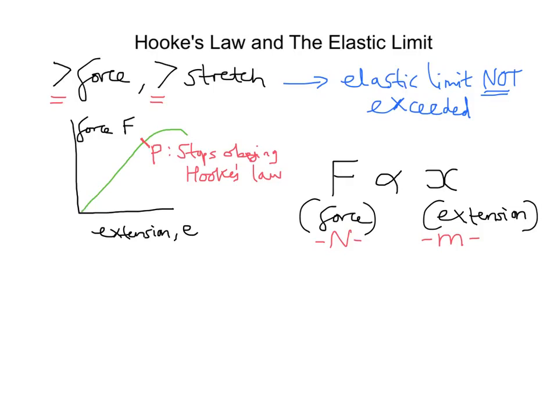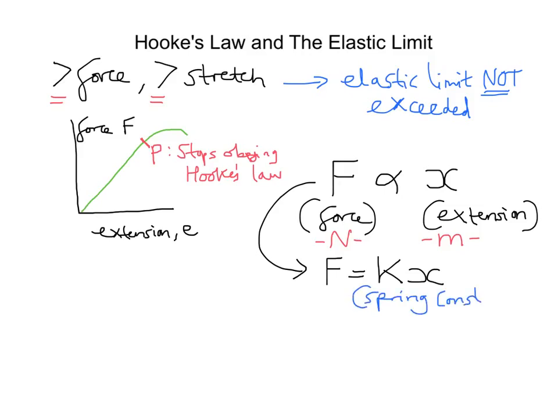Now, because it's proportional to extension, we can actually develop that further and put in a constant. So we can actually say that the force is equal to, and we use this value k, kx. Now k is referred to as the spring constant. And this can vary from material to material. So we've said the force is proportional to the extension.